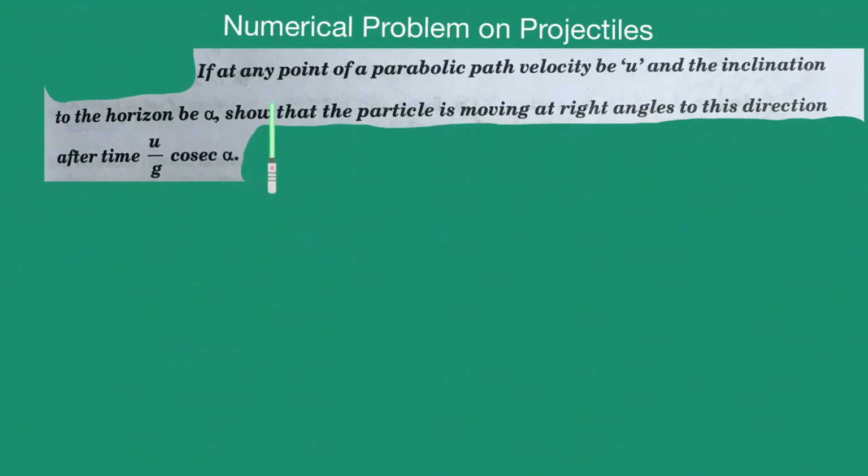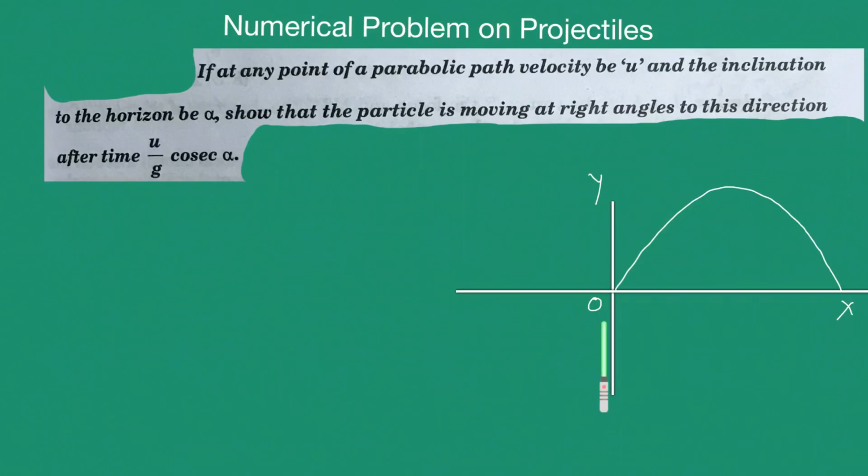So if at any point of a parabolic path velocity be u, let us draw the figure, and the figure is this one. This O is the point of projection. This is the horizontal axis, this is the vertical axis.